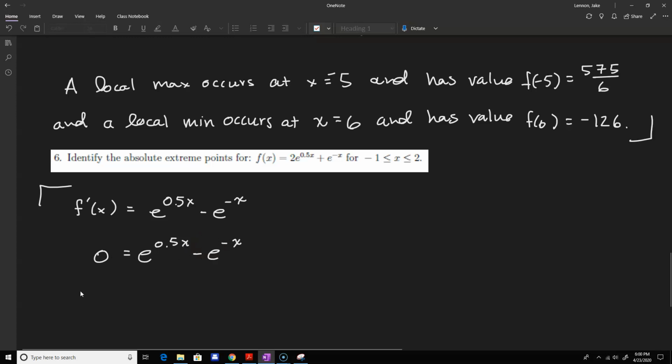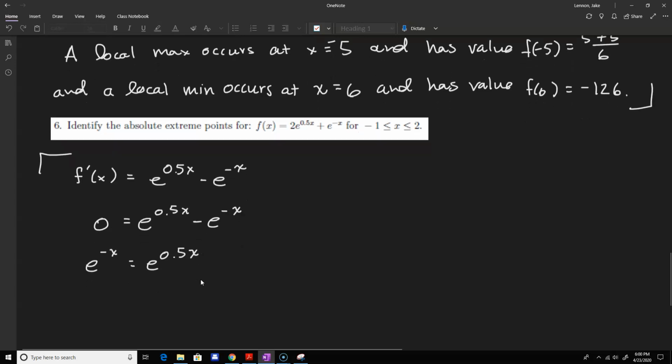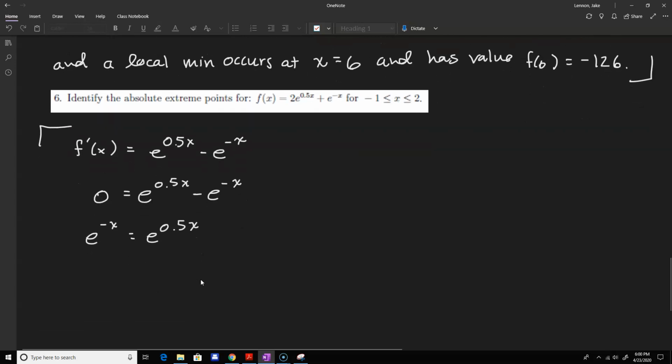So basically we can add the e to the minus x to the other side. E to the minus x equals e to the 0.5x. And then let's see. I suppose the easiest way is just to equate the exponents then. So we could say minus x equals 0.5x.